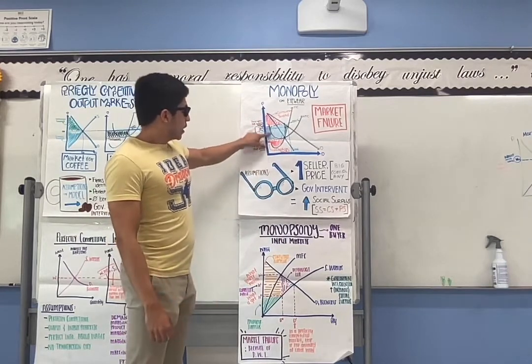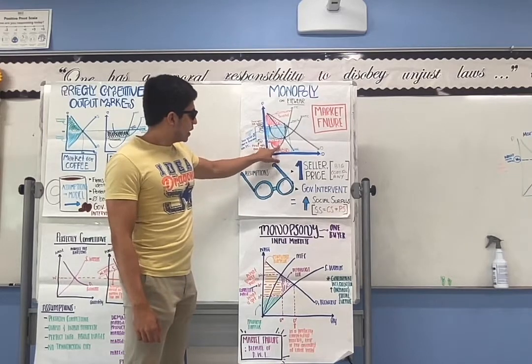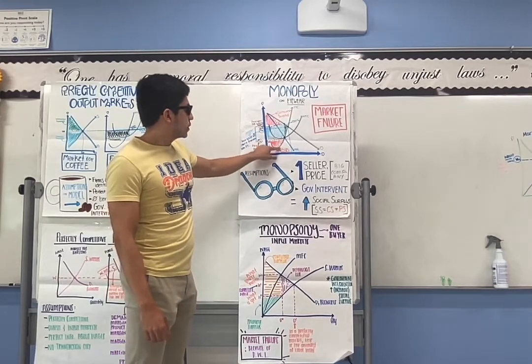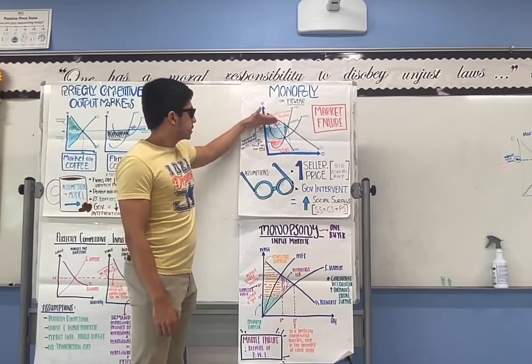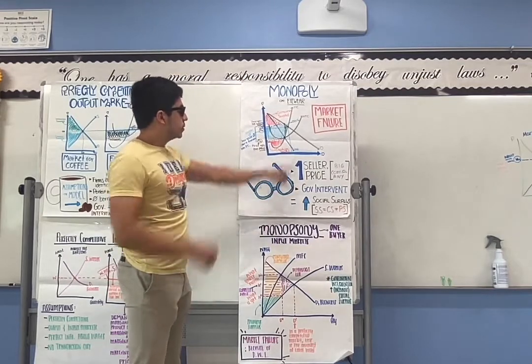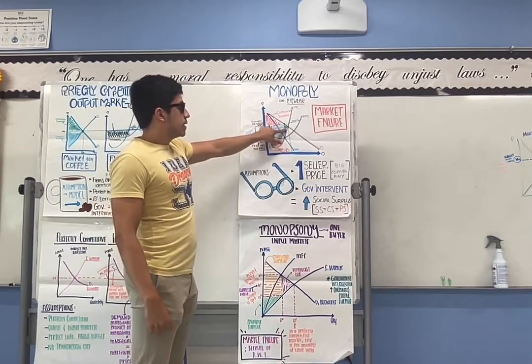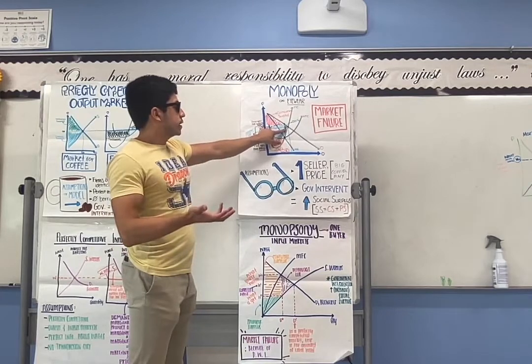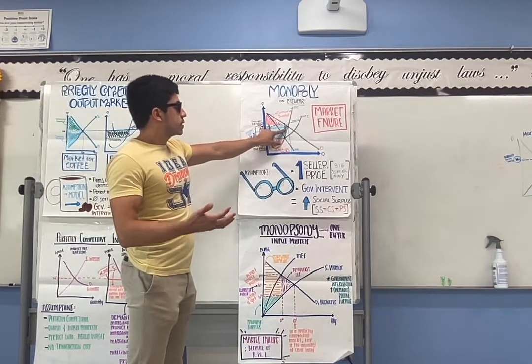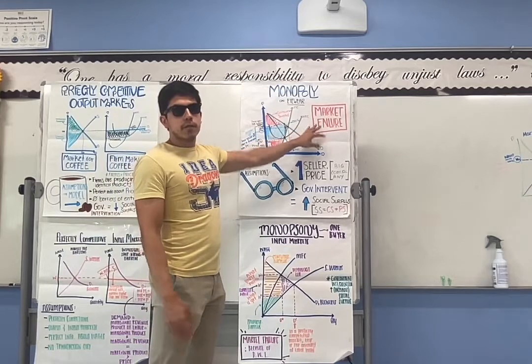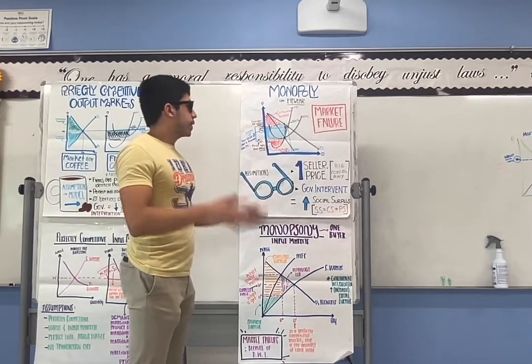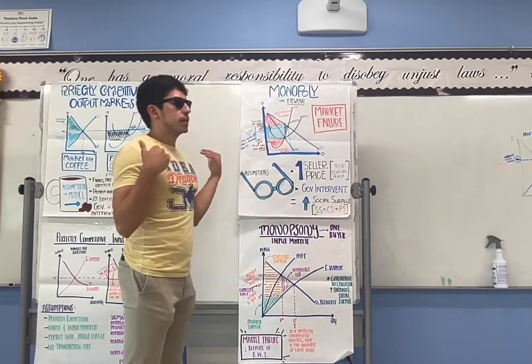Then this blue markup area and this red area too become producer surplus. So this person made a little bit of a mistake. We do get deadweight loss, right? Even though we don't have government intervention. And so this is what is called a market failure, where leaving the market to do its own thing doesn't produce the social welfare maximizing output.